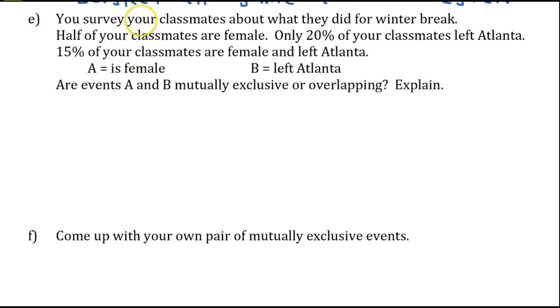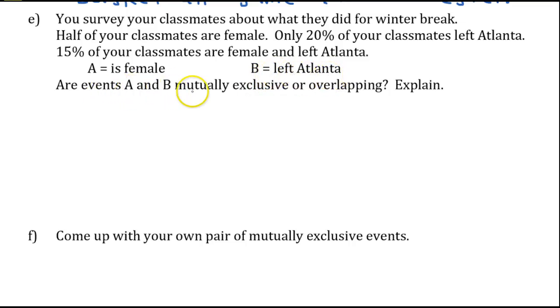You survey your classmates about what they did for winter break. Half of your classmates are female. Only 20% of your classmates left Atlanta. 15% of your classmates are female and left Atlanta. Let A be the event being female, and let B be the event of left Atlanta.